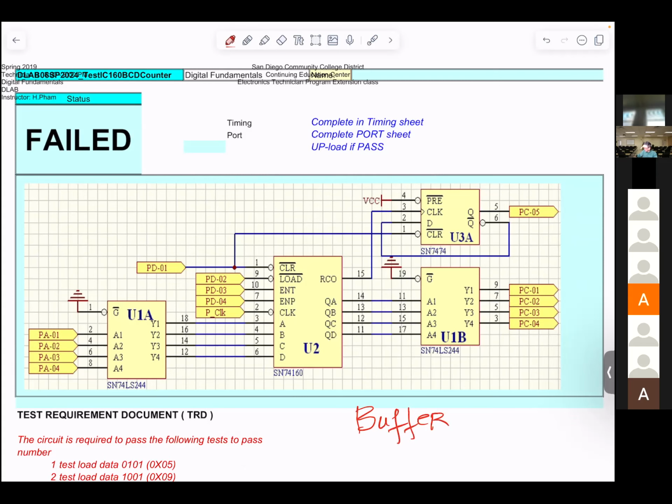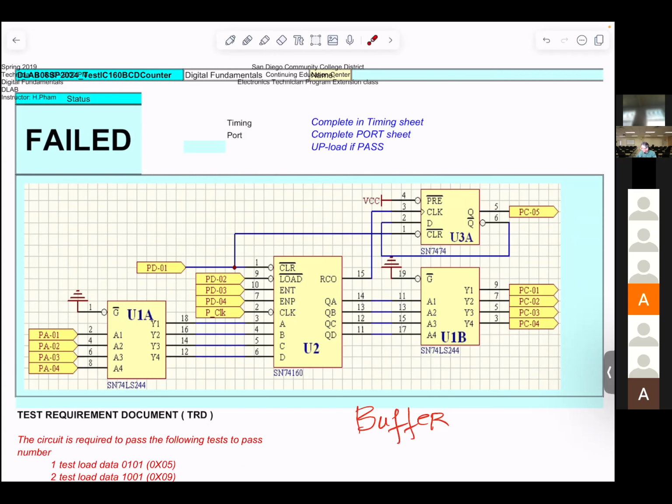Now, what does that mean for a buffer? That means input and output will be the same. Okay? If you get the input on pin 2, pin 4, pin 6, pin 8, the output will be pin 18, 16, 14, 12.